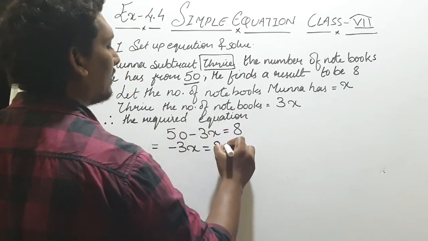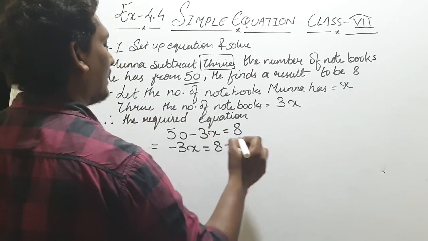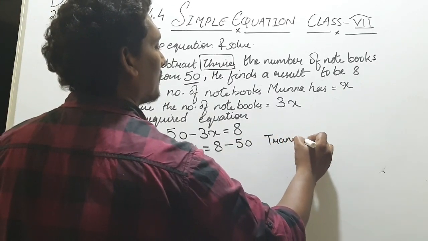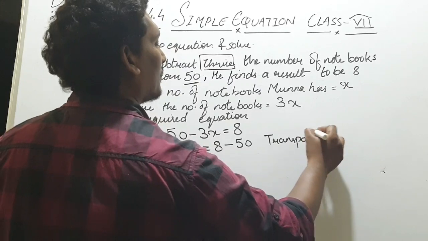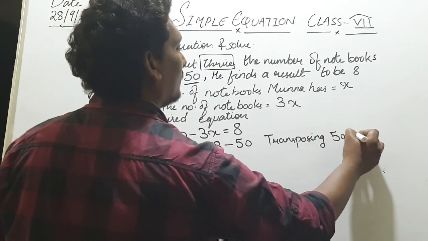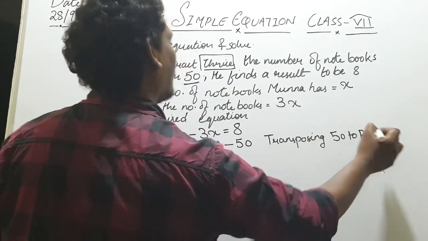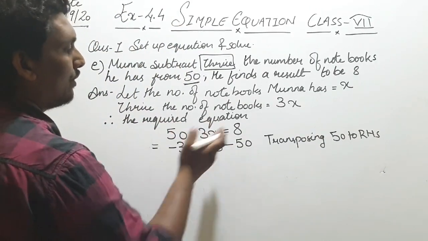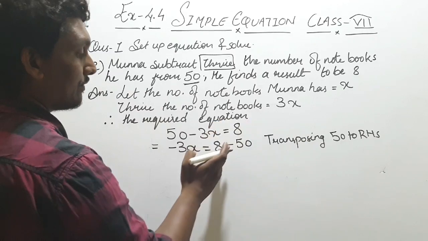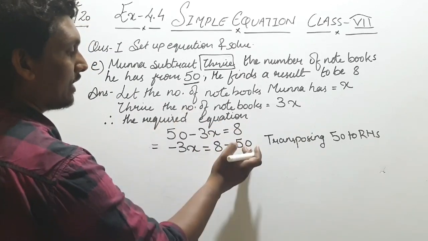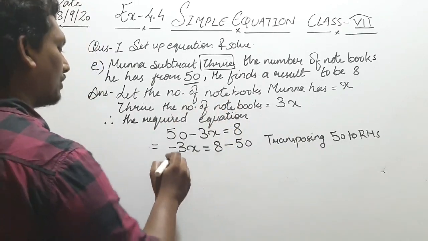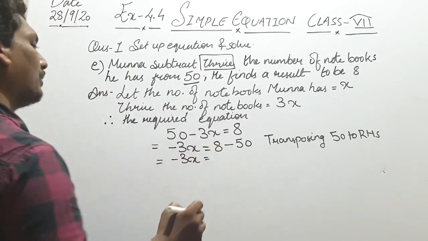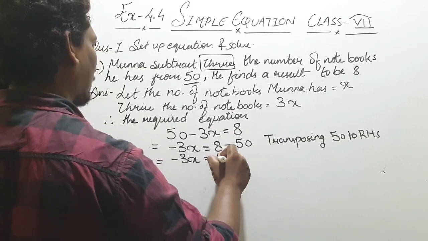So this plus 50 will become minus 50. So minus 3x is equal to 8 minus 50, that is 42.